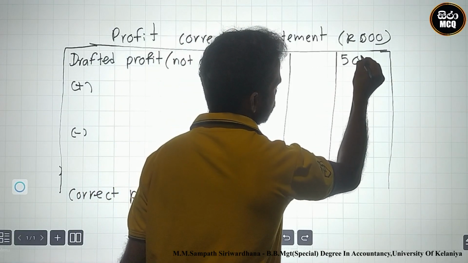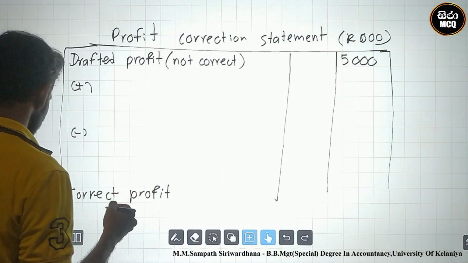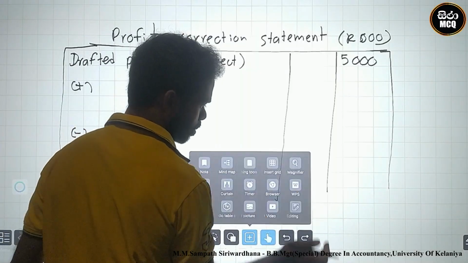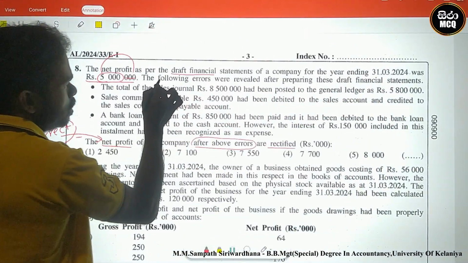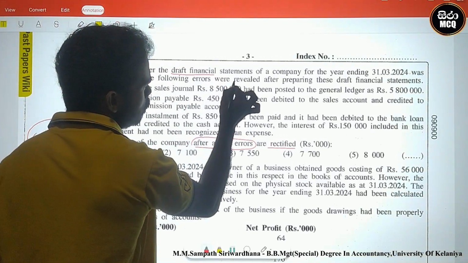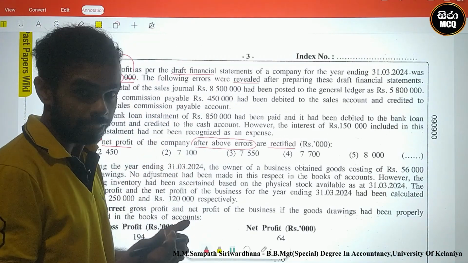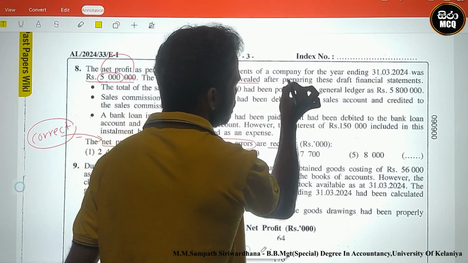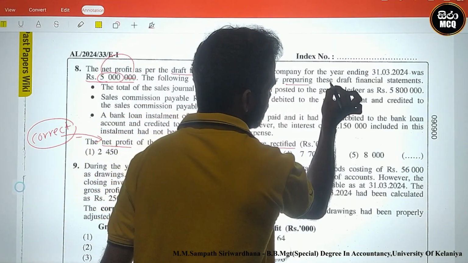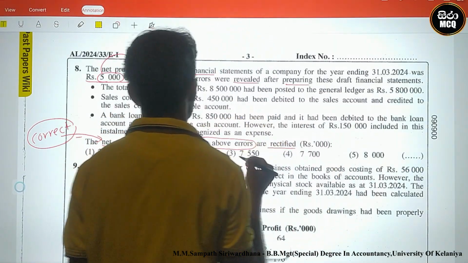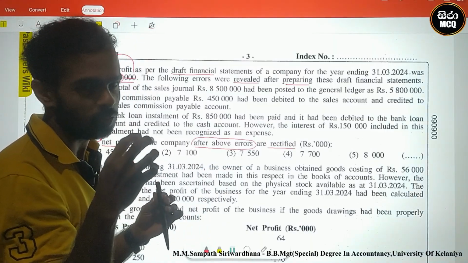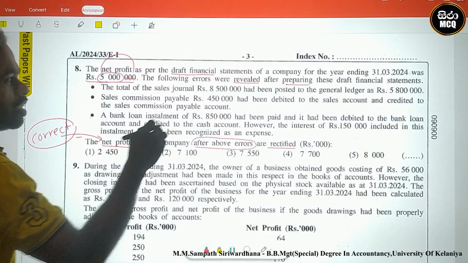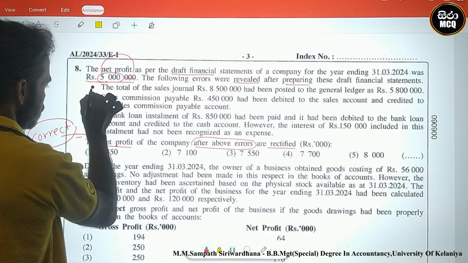The following errors were revealed. Revealed means found after preparing these draft financial statements. There are errors included in this profit. Look here, statements. This is the bullet point.